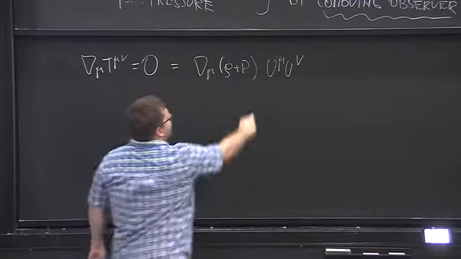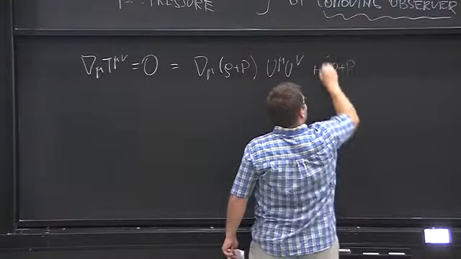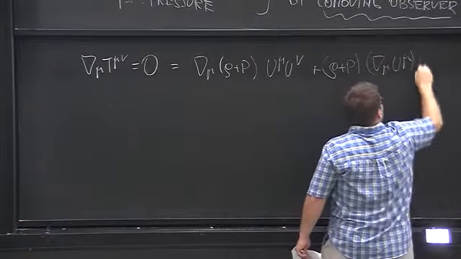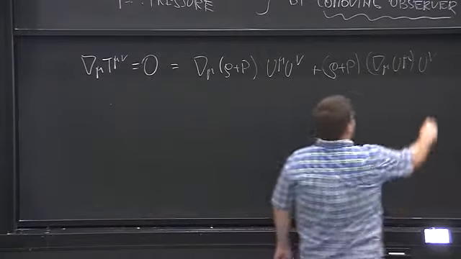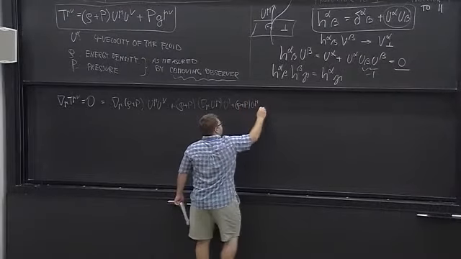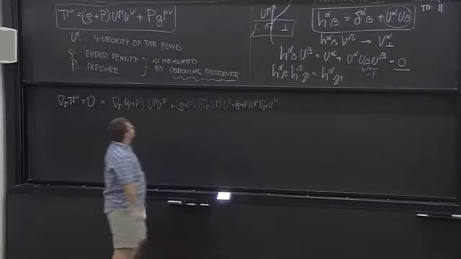Then we differentiate the first u mu, so it's plus rho plus p nabla mu u mu u nu. Then we differentiate the second u nu, so it's plus rho plus p u mu nabla mu u nu.